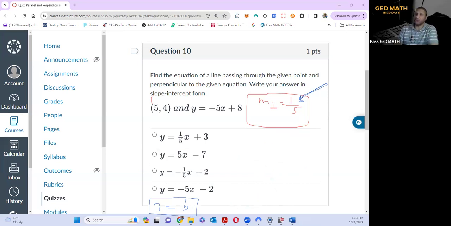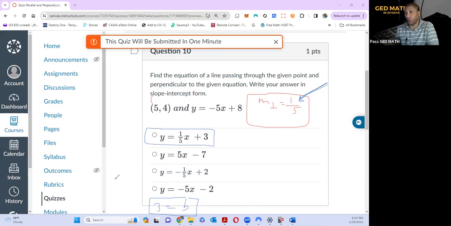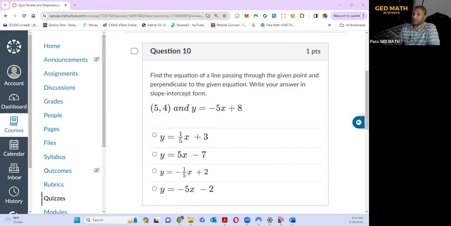This is how you would do it if these multiple choices all had the same slope. If they don't have the same slope, like this problem, we already showed you how to do that quickly and accurately. Let me close this out because it's going to end.